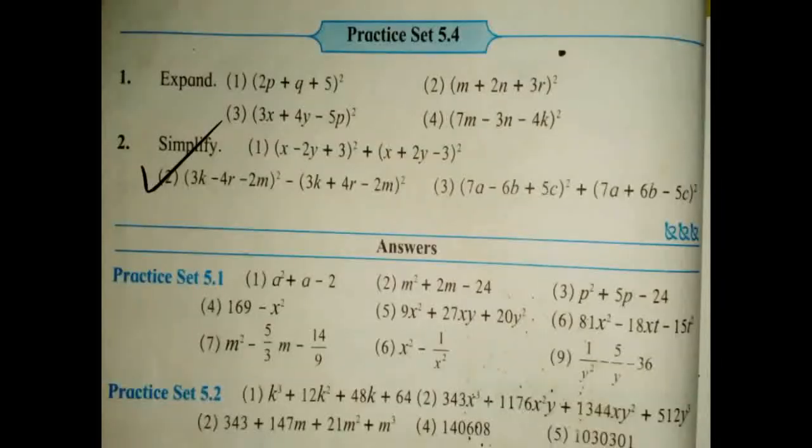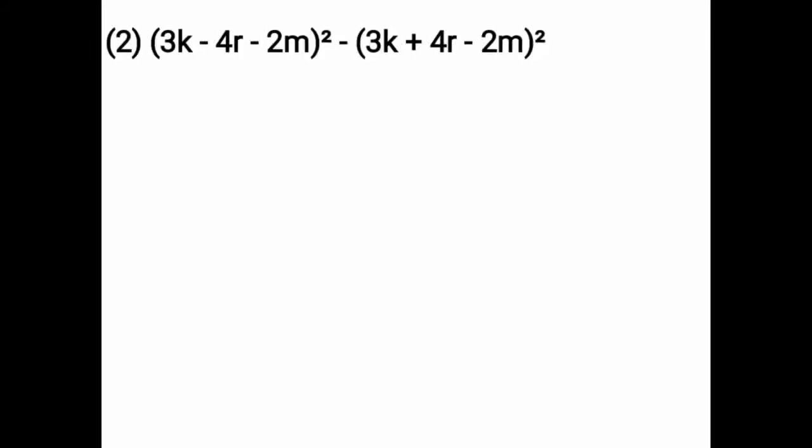Next, (3k − 4r − 2m) whole square minus (3k + 4r − 2m) whole square. Write the combined formulas of (a + b + c) whole square two times in this way: (a + b + c)² − (a + b + c)².